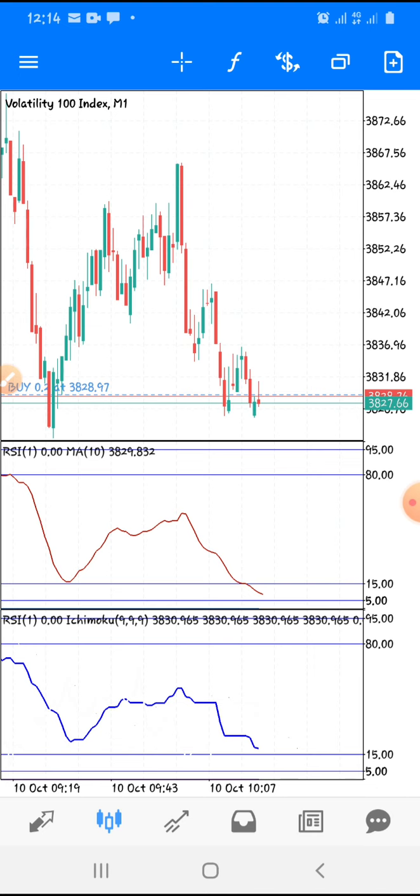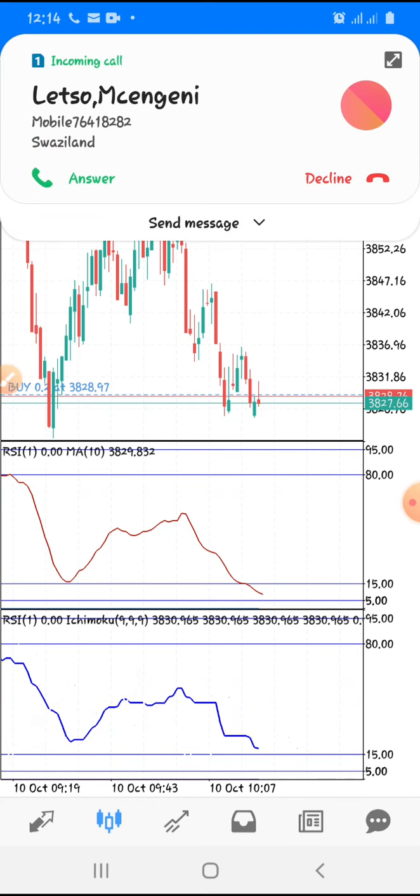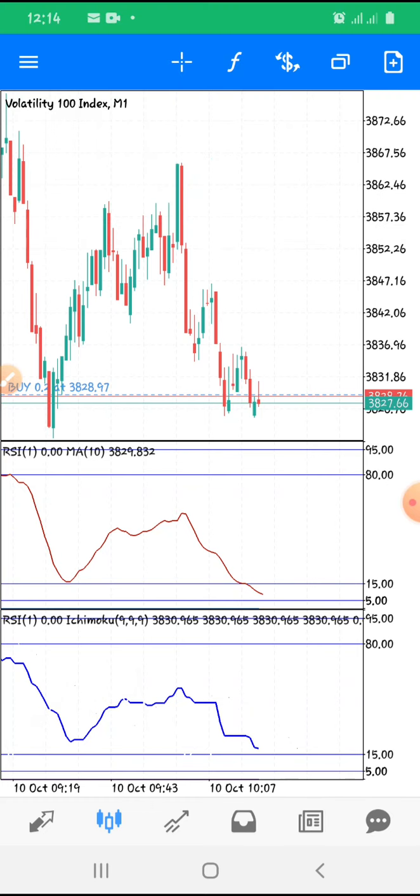Let me explain how to detect if the market is ready to buy.